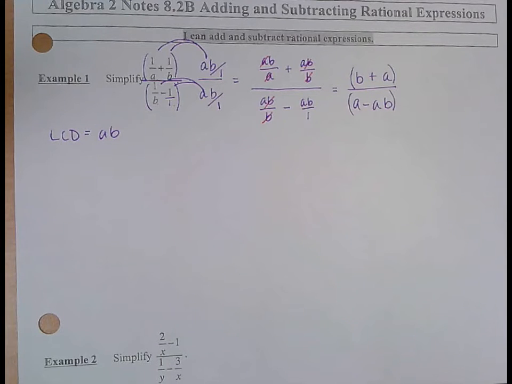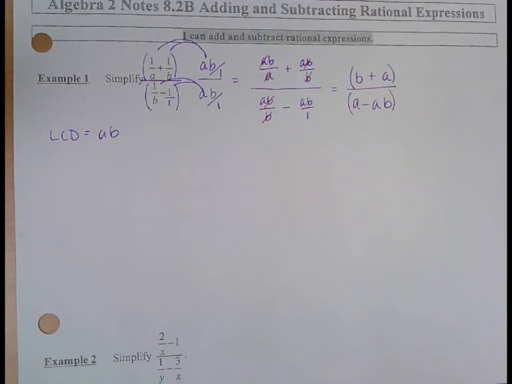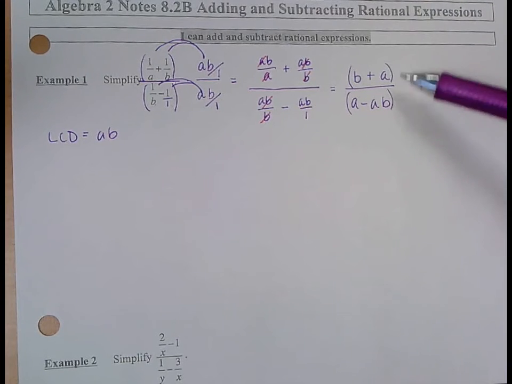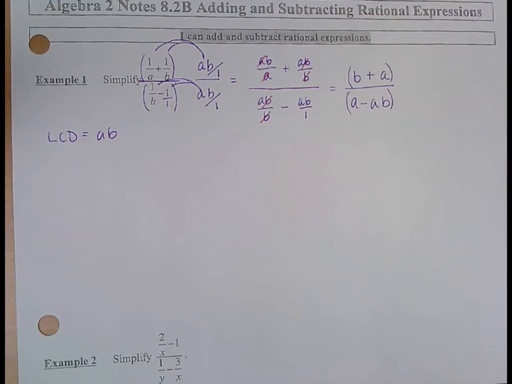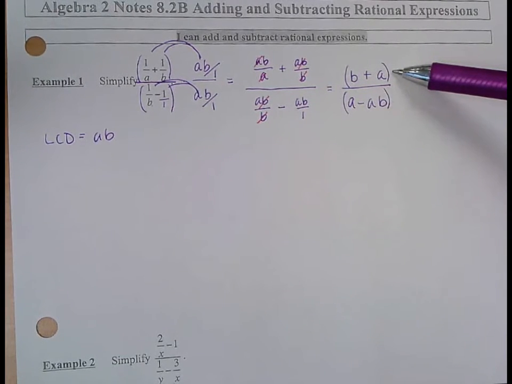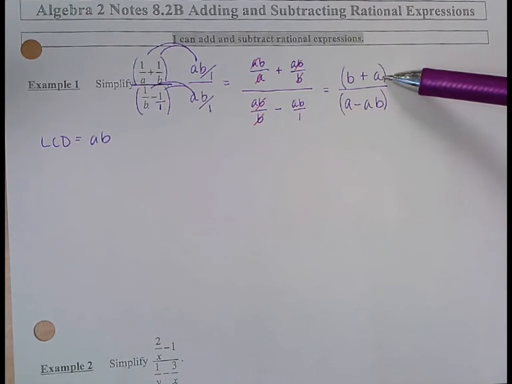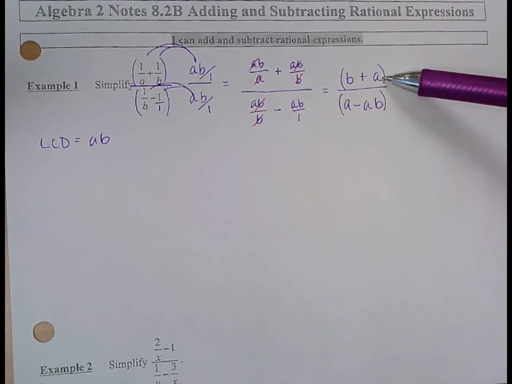It is possible in this last step, though, that there is more you could do to simplify. So this either could be your answer, or you need to just make sure it's in simplest form. The only way to check if you can still simplify is if either your numerator or denominator could be factored so that something cancels out. So would I be able to factor the top at all? I see some no's. B and A, they have a GCF of 1, but that's not going to change it if I factor that out.